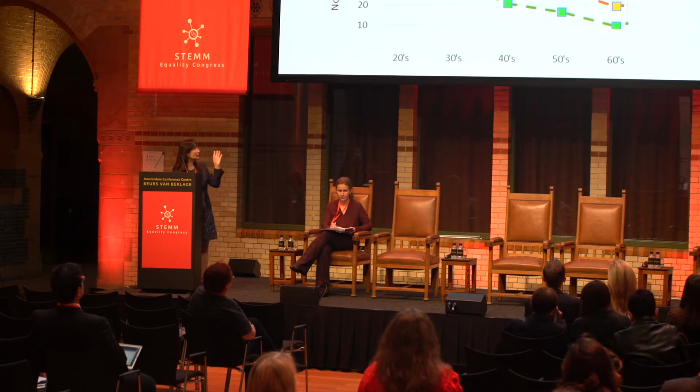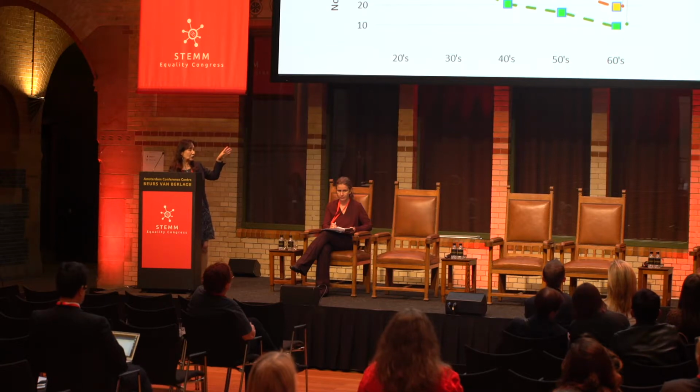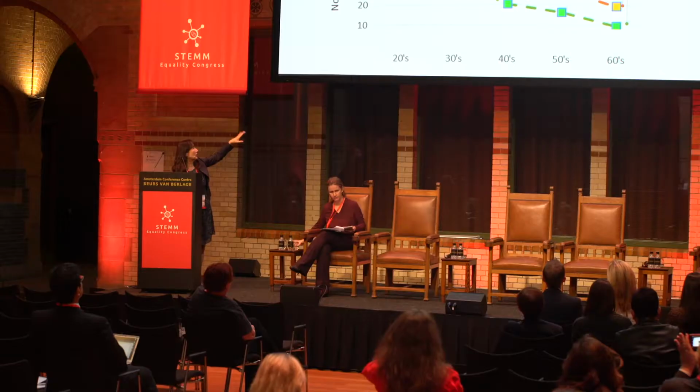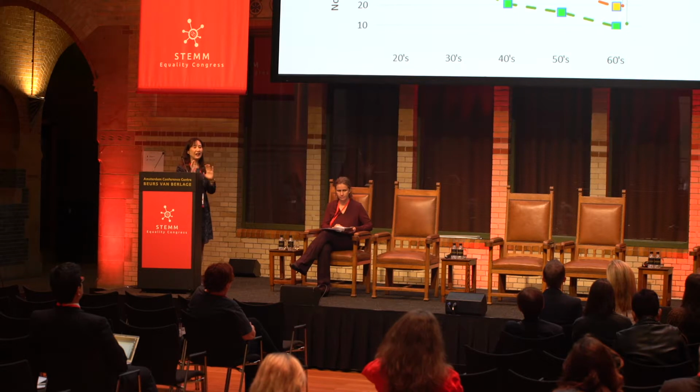So next I will show you the result of the same survey I just showed you. This shows the age dependence of the ratio of no problem with female bosses. Younger people can accept female bosses, but senior people don't accept them.